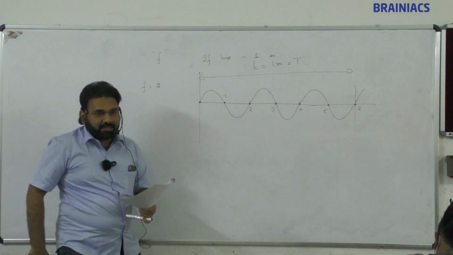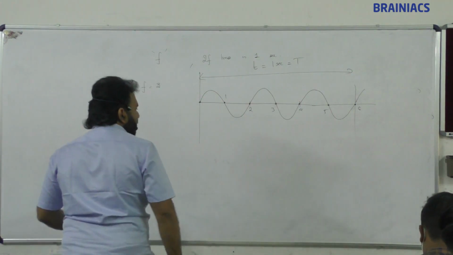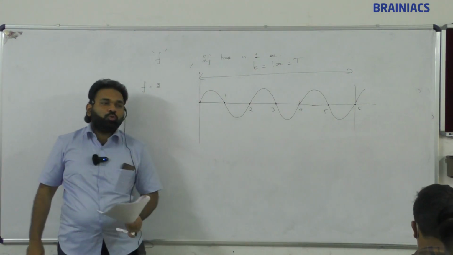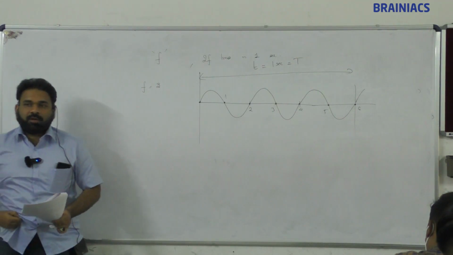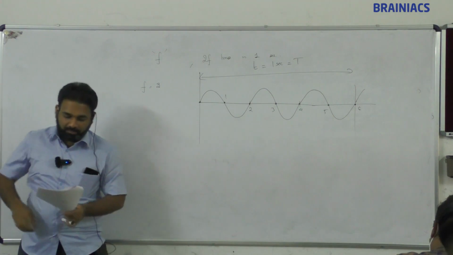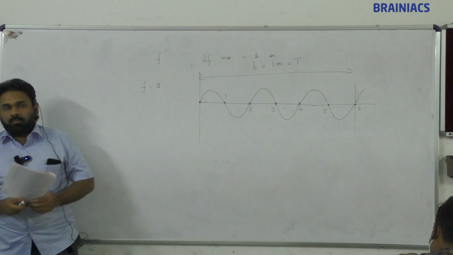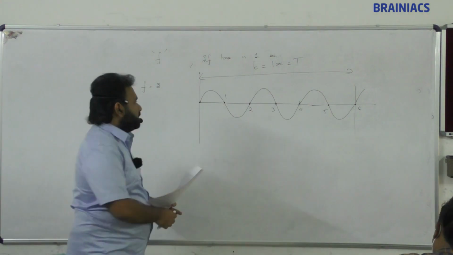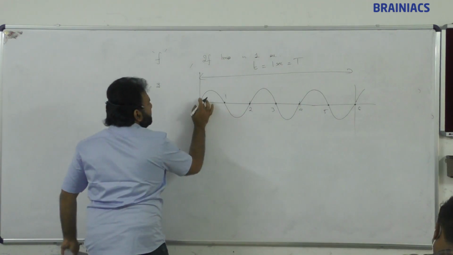Direction of current changes 2f times in 1 second. Okay, just see the same example. Now this is one direction, no?